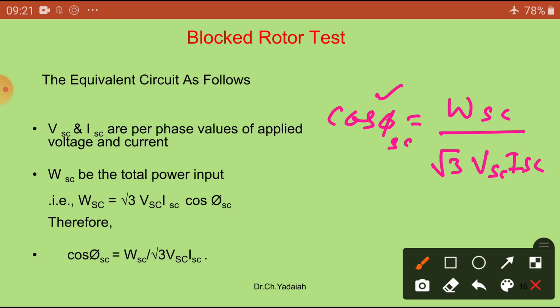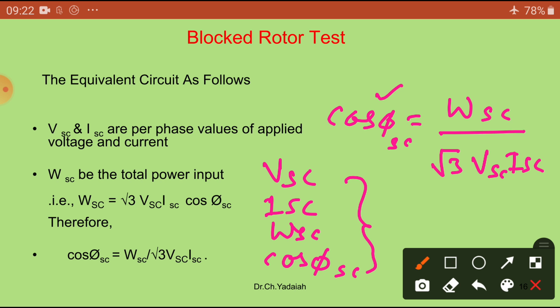Once we know VSC, ISC, WSC and cos phi SC under the full load short circuit condition, from these I am going to calculate the parameters.